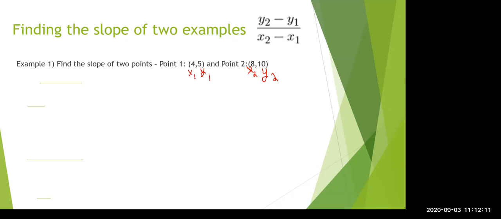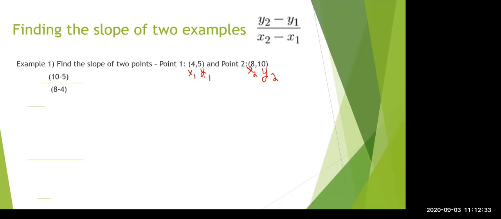So since we have this now, we can put in all the points and all the numbers. So for y2, it should be 10 minus 5, because it's y2 minus y1, divided by x2 minus x1. So that's 8 minus 4. And you can see why, because the points are labeled here.